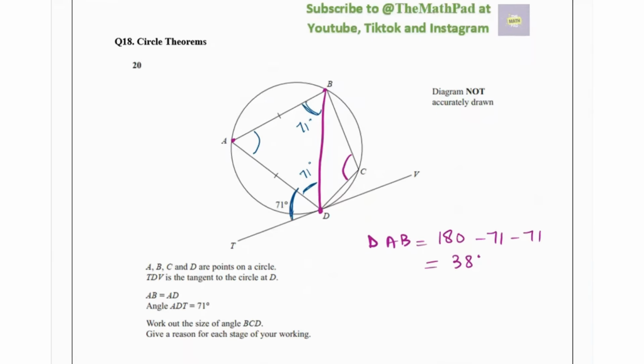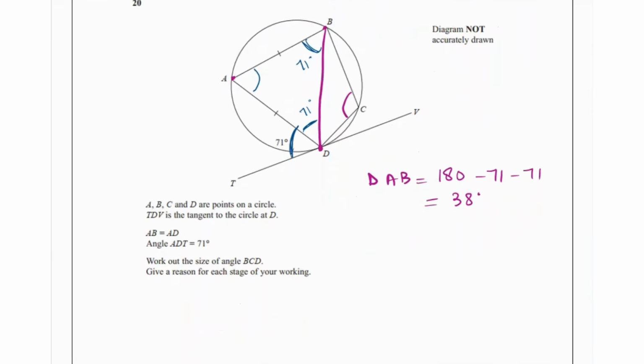So let me write the reasons as well for each step. So firstly, angle ABD equals 71 degrees, because of the alternate segment theorem.